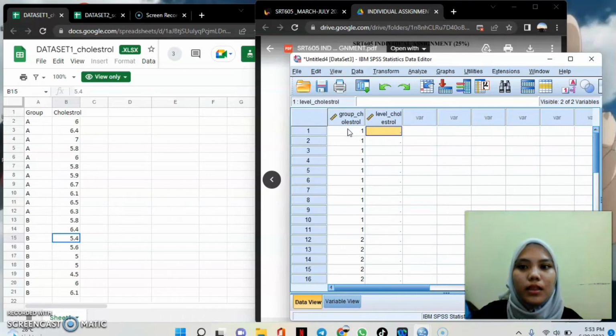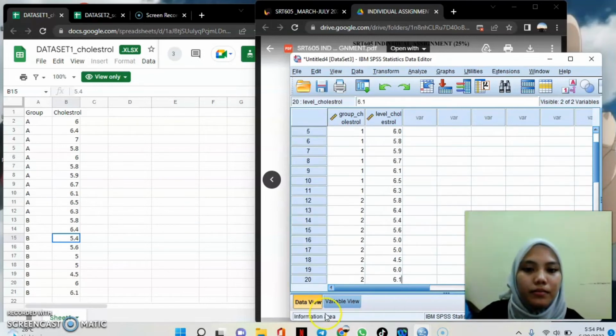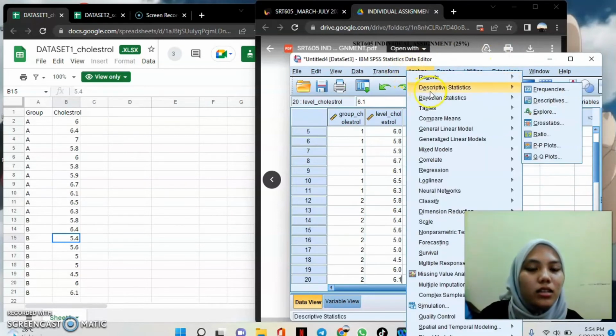Then the values are 6, 6.4, 7, 5.8, 6, 5.8, 5.9, 6.7, 6.1, 6.5, 6.3, 5.8, 6.4, 5.4, 5.6, 5, 5.5, 6, and 6.1.